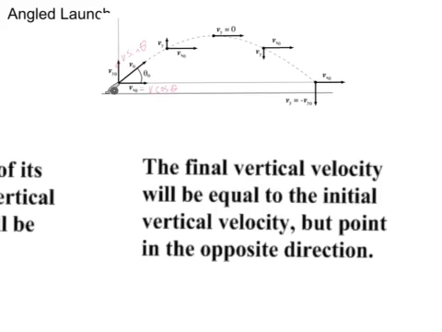So what that means is this final y velocity will equal the initial y velocity, but be in the opposite direction. You can see from this diagram that once this thing is launched, horizontal velocity is constant. Vertical velocity decreases as it rises up, and increases as it falls back down.